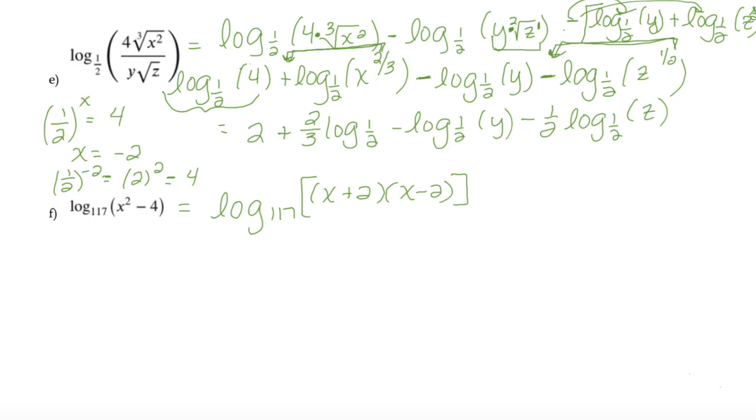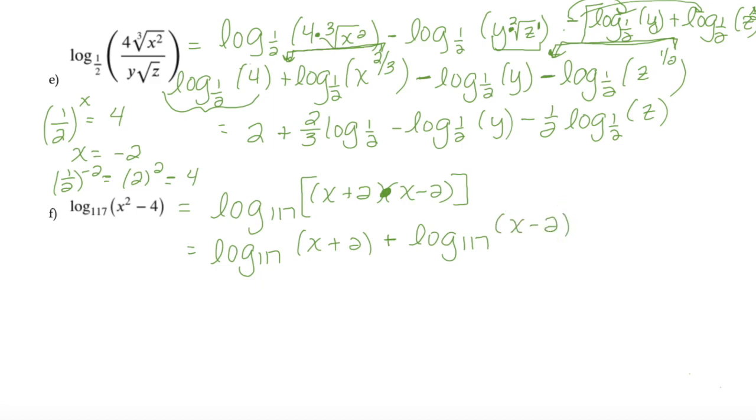If you were to distribute that, we'd get back to x squared minus 4. But notice now we are in multiplication, so we can utilize the product rule to rewrite this as log base 117 of x plus 2 plus log base 117 of x minus 2.